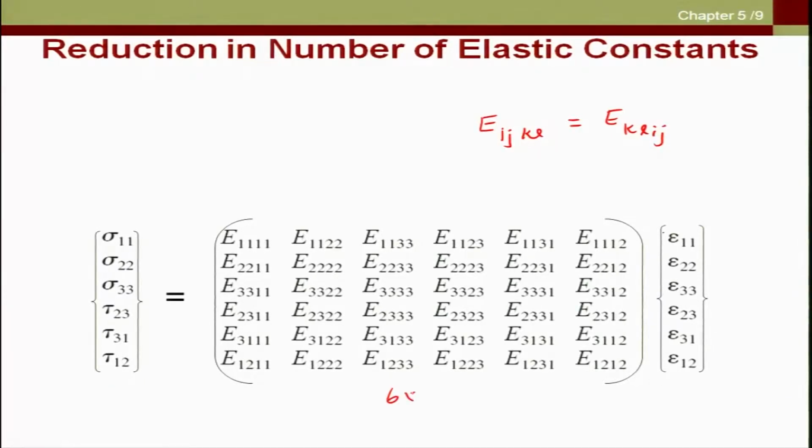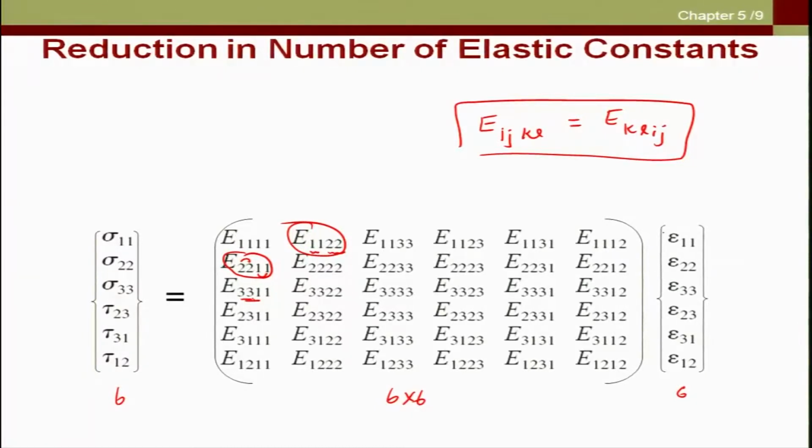This is a 6 by 6 matrix, 6 strains, 6 stresses, and these are 36 independent constants. But if ijkl is equal to klij, what does that mean? Here kl is 2 2 and ij is 1 1, and here ij is 2 2 and kl is 1 1, and if this equality holds, then this term is same as this term.